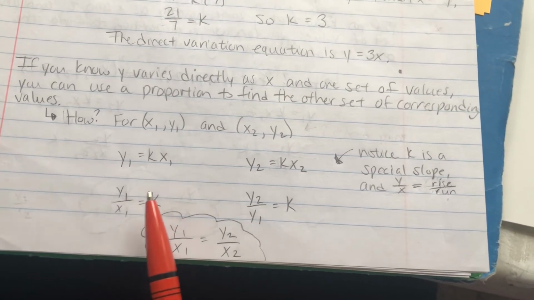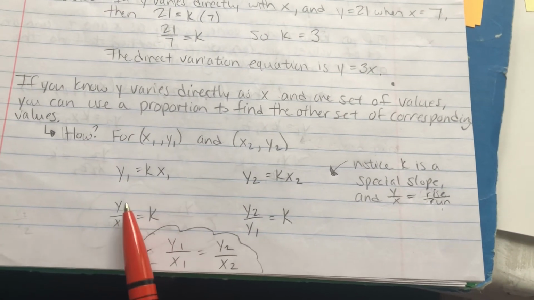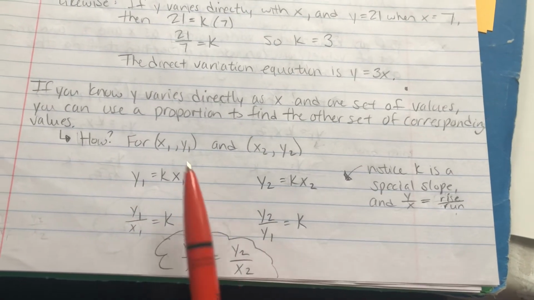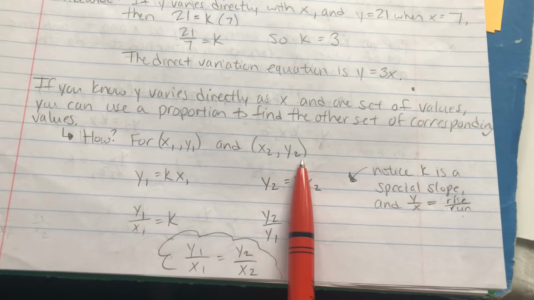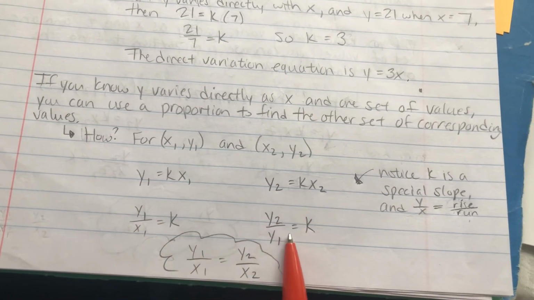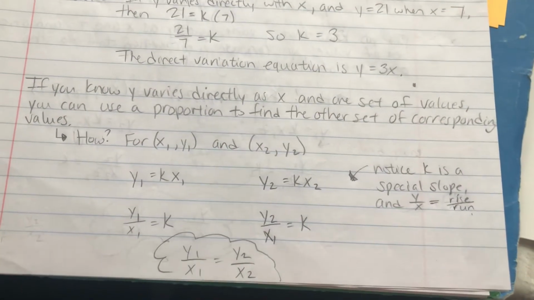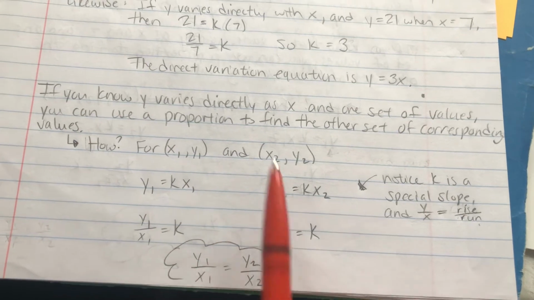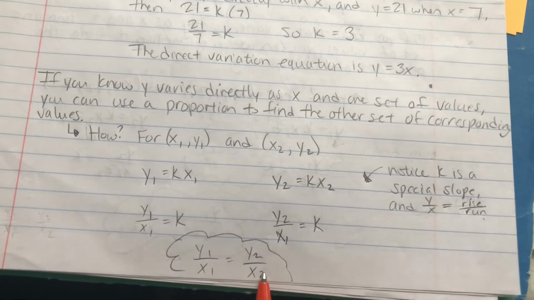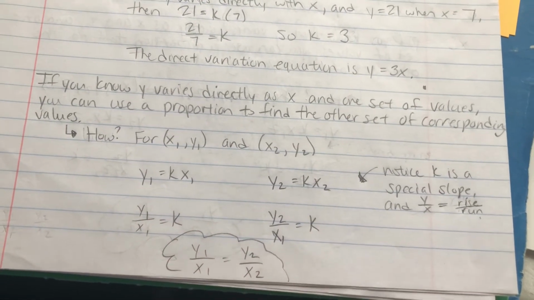We said above, k is just a special type of slope, and we know slope is the change in y over x. So if they give you two ordered pairs, if you set them up as y over x, y over x, and we know that they directly vary, then we can just simply set up a proportion. If they are direct variation, their slopes have to be equal.